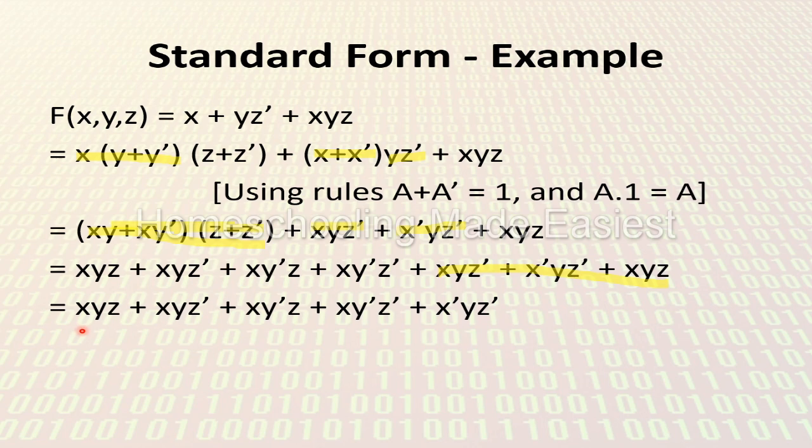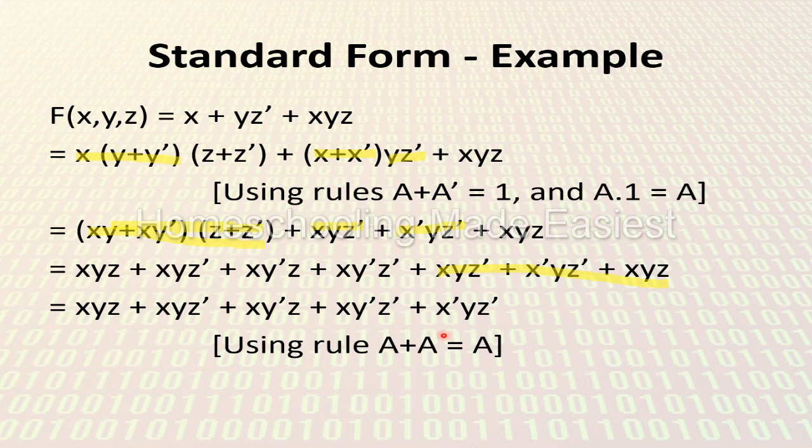If there are repetitions, just remove the copies and retain the original term. So we come up with this expression using the rule A plus itself is just itself, so A plus A is just A. Therefore, this is now our expression in standard form.